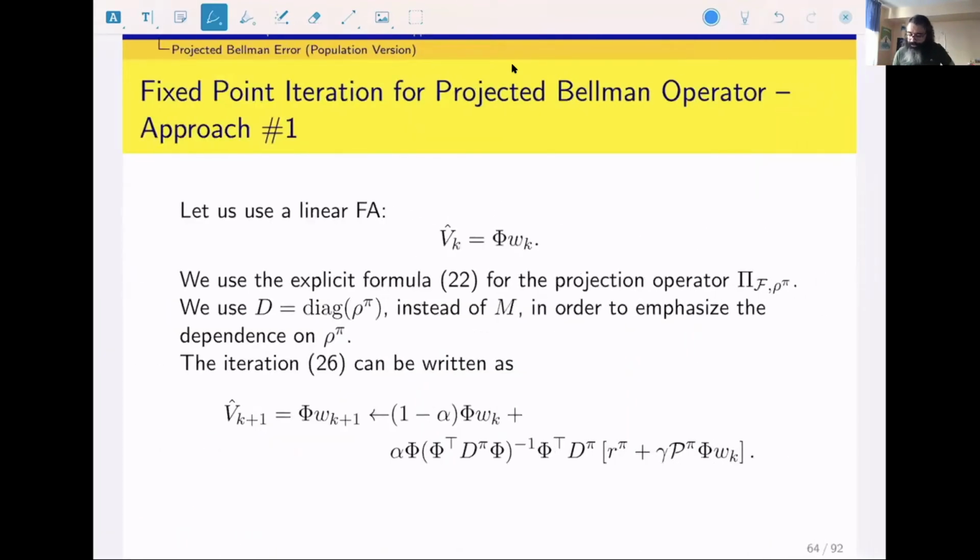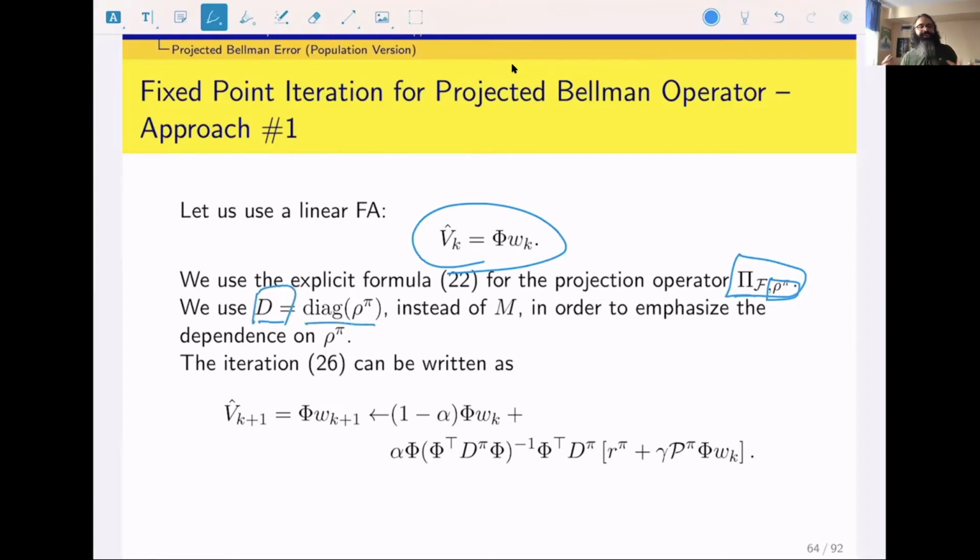Okay, so let's just use a linear function approximation and see what happens. Same formula, just use linear function approximation, and we have an explicit formula for the projection. Here I'm using rho pi, the stationary distribution of pi. And instead of m in the previous formulation, I use d to emphasize that this is for rho pi.